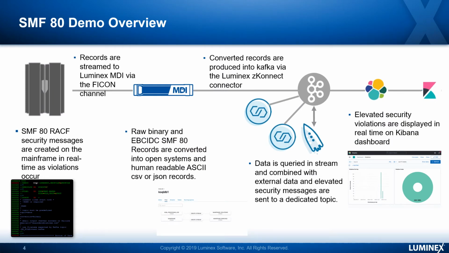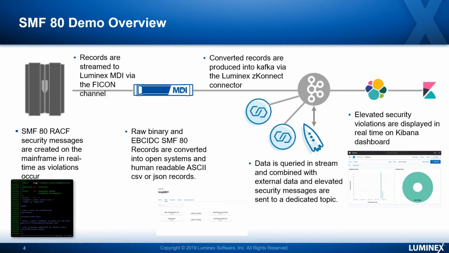So for this demo, what we're going to be showing you is SMF80. These are RACF security messages that are created on the mainframe in real time as violations occur. When we do this demo and video in real life, what you can see is we will actually force security violations on the mainframe live. These violations then are streamed directly to the MDI appliance.